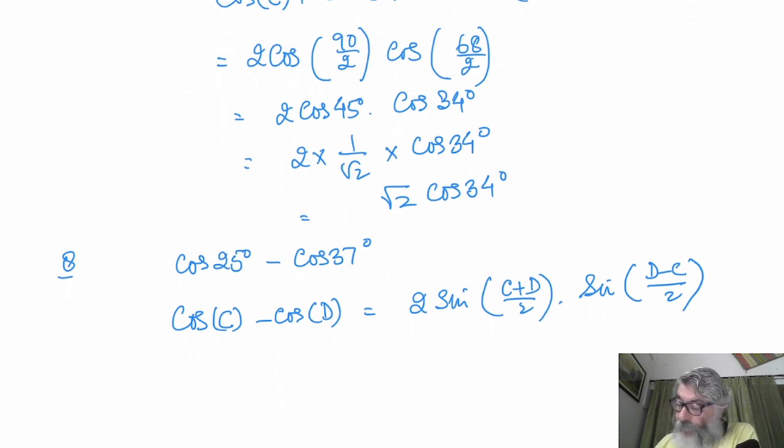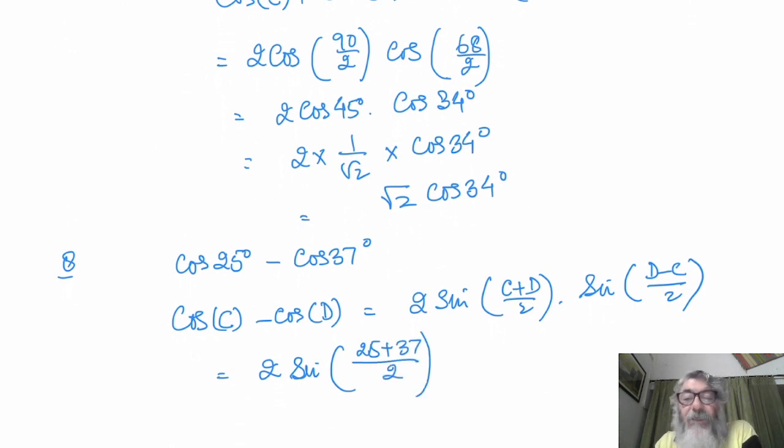So that is why if it is cos, there is no difference, but in sine there is a problem. So here it is 2 sine (25 plus 37 upon 2). These are very basic sums. Nothing else is there except your practice, because every time you must notice I am writing the formula cos C minus cos D is 2 sine this. Why? So that you start using it.